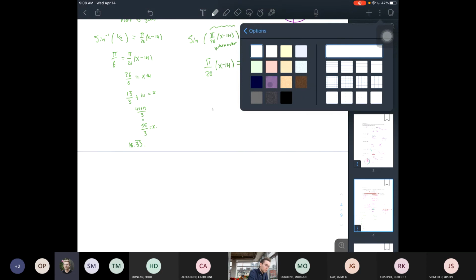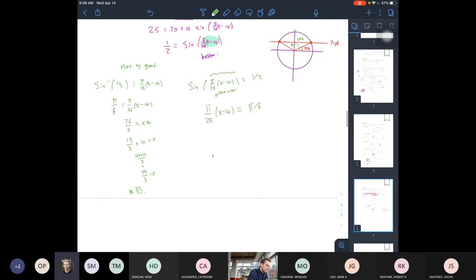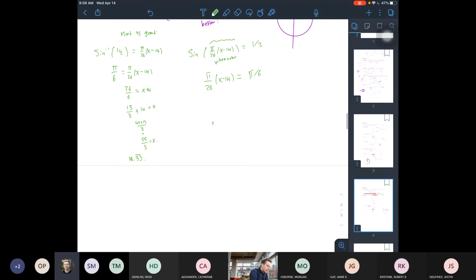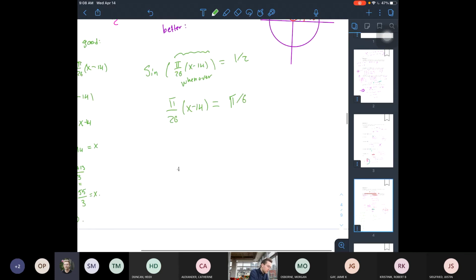We're getting this straight up. Okay, so let's solve these two equations. The first one is, oh man, I did lose some of my work. So the other one was pi over 26 times x minus 14 is some coterminal angle to 5 pi over 6.